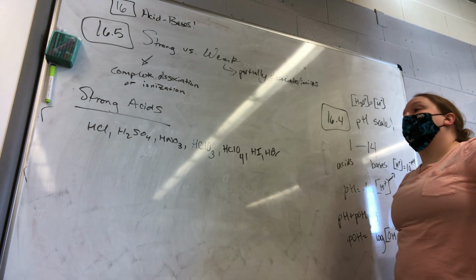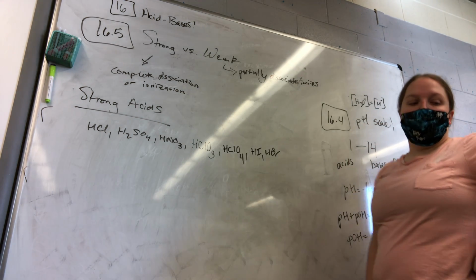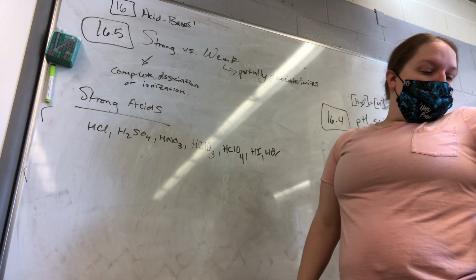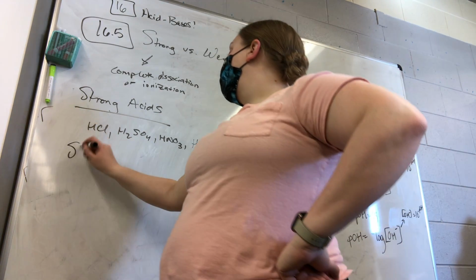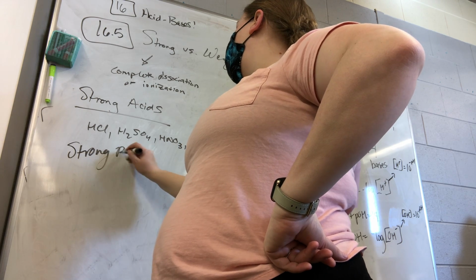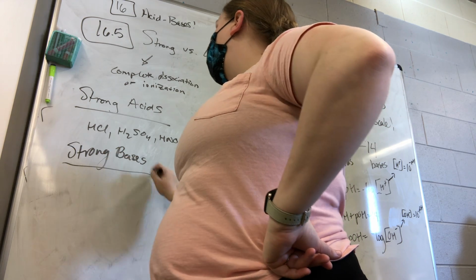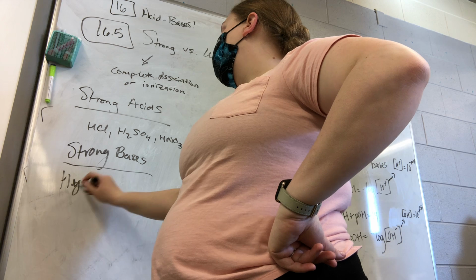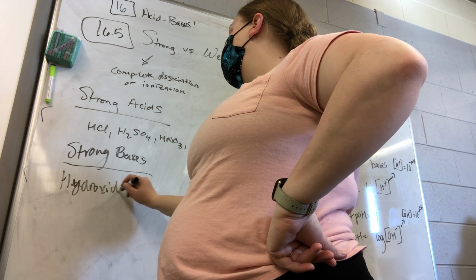There are 7 of them. You are supposed to know them. Bases are going to be hydroxides of group 1 and 2 metals.